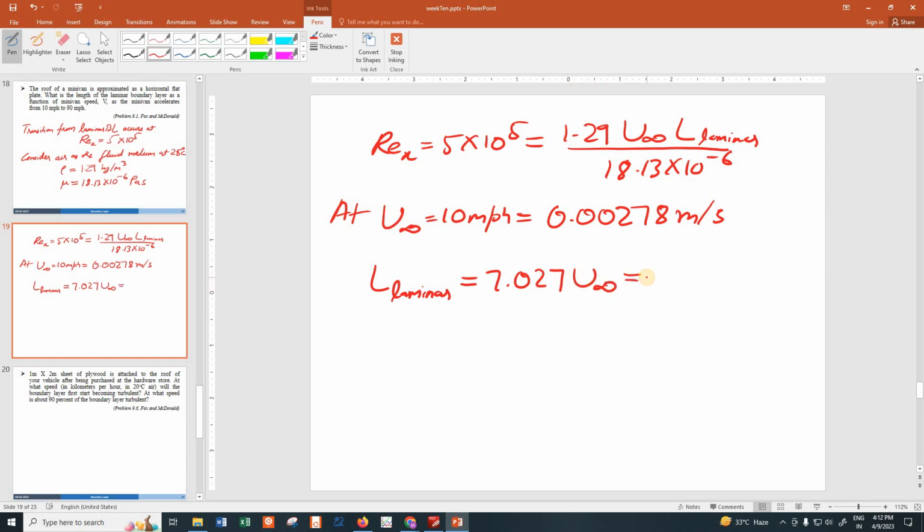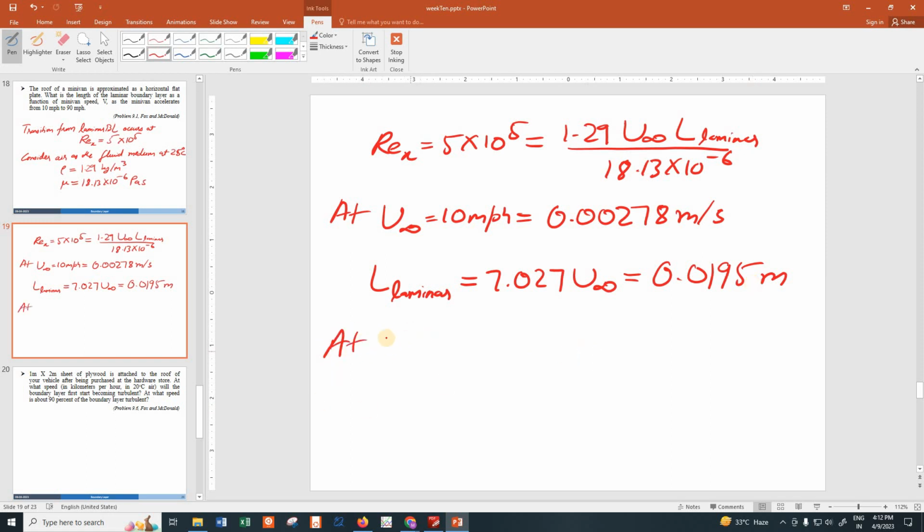U infinity is equal to 7.027 into U infinity, which will be 0.00278, giving 0.0195 meter.